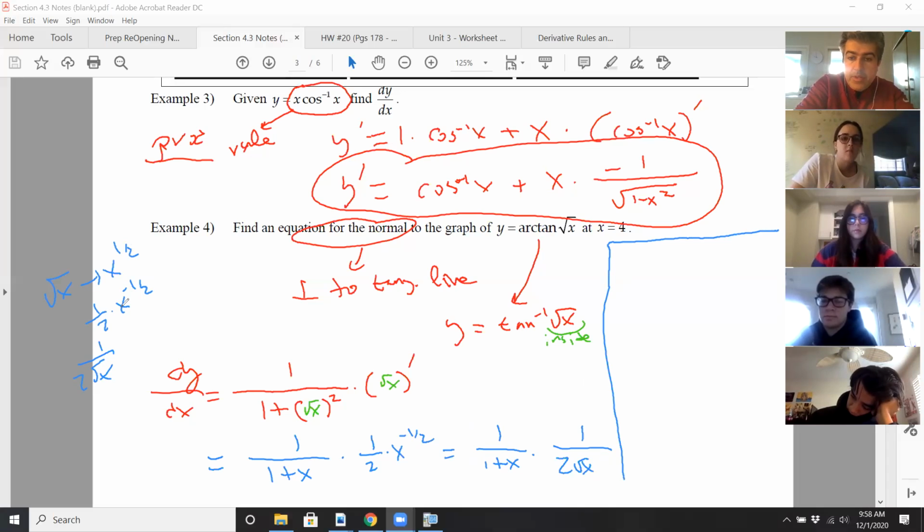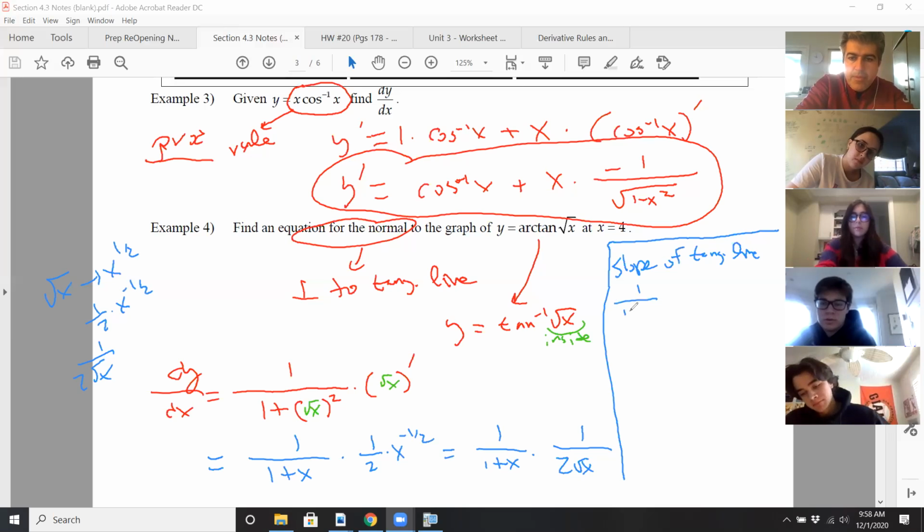Well, what's the slope of the tangent line? Easy peasy, that's just going to be 1 over 1 plus 4 times 1 over 2 root 4. So 1/5 times 1/4, or 1/20.